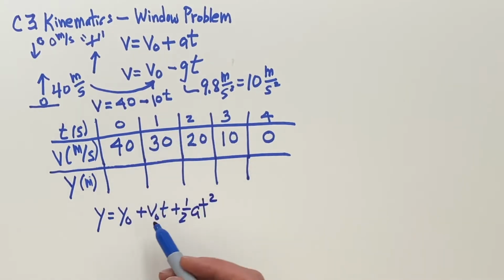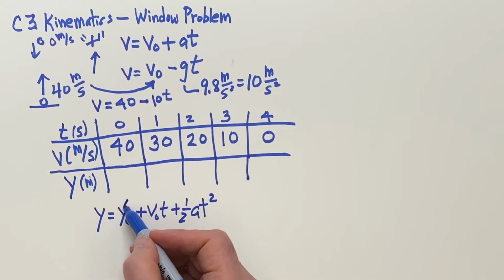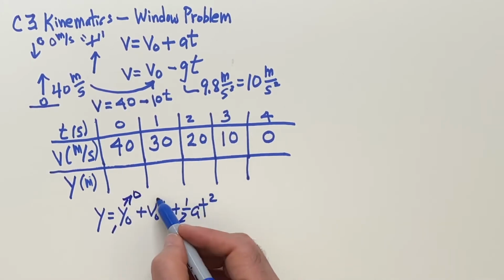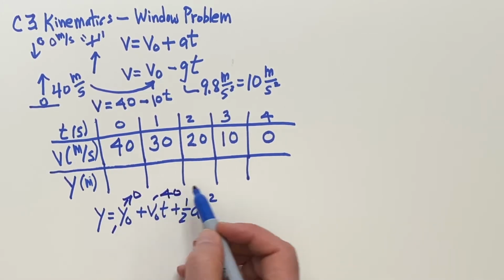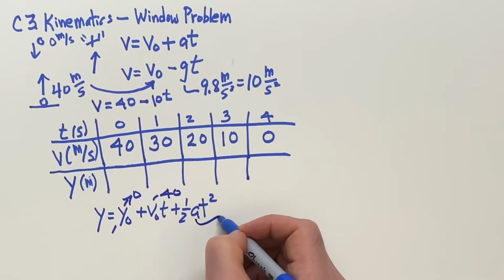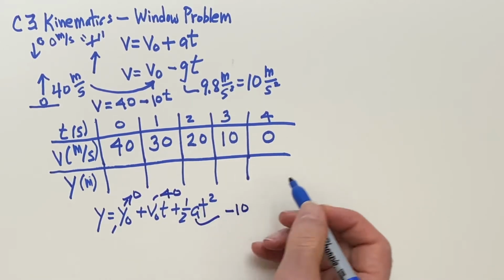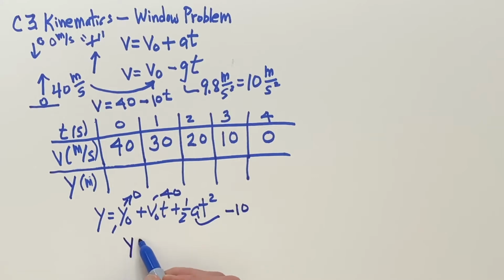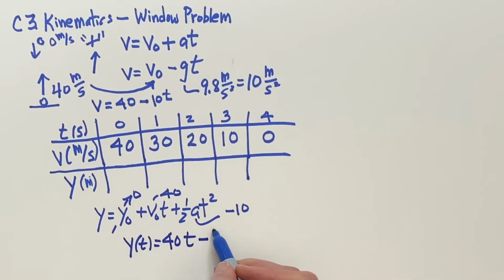Since up is positive, I'm going to start from the ground, so y naught is 0. The v naught is going to be 40. And then the a is going to be a negative 10. So y, as a function of time, is going to be 40t minus 5t squared.